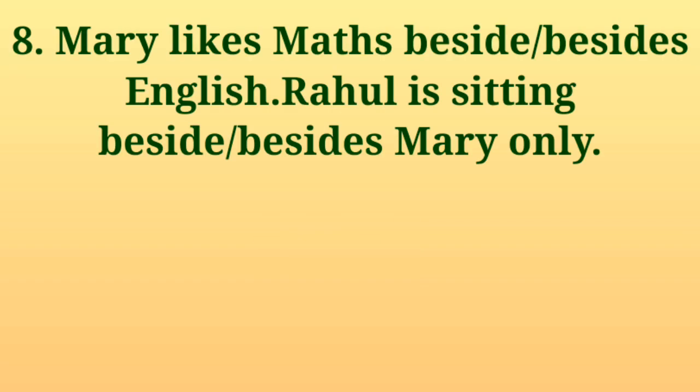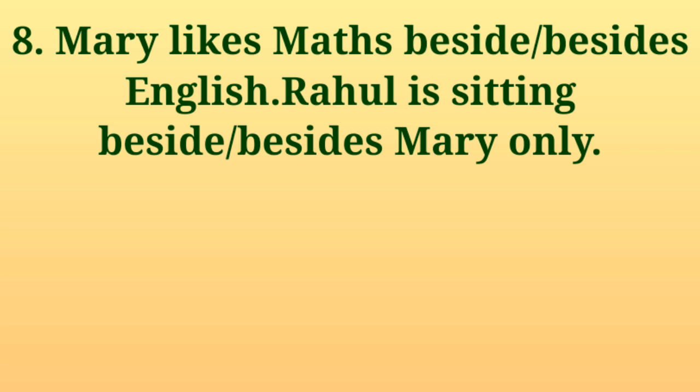Next, Mary likes maths beside English. Rahul is sitting besides Mary only. So here again focus, students. We have two kinds of fill in the blanks. Now you have to tell which would come first and which would come second. Think quickly, think. It is a tricky one.